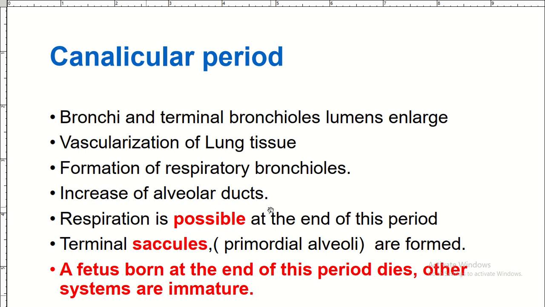Because we haven't formed the primitive alveoli that will produce surfactant. So the fetus is not yet in a position to breathe because some of the structures of the respiratory system are not fully developed.